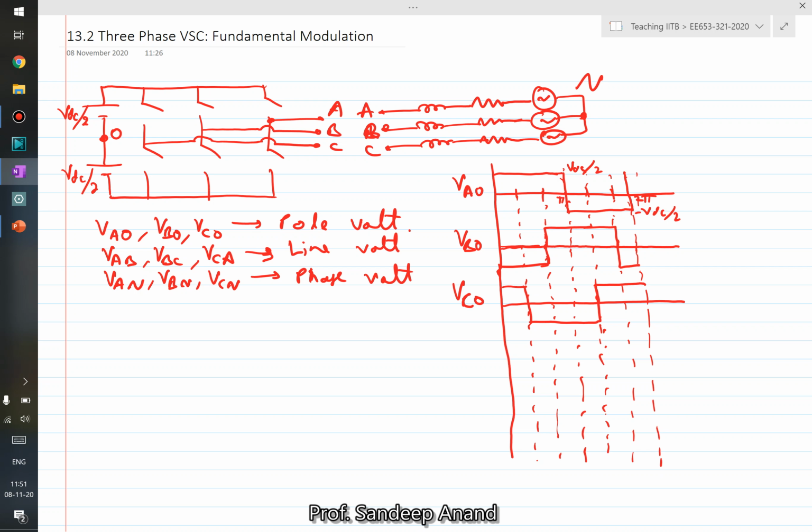Let us now draw the line voltage. Let's say VAB. How would VAB look like? VAB is going to be VAO minus VBO. So you can just do the subtraction and you can draw VAB. VAO minus VBO, it will be minus minus plus, so it will be VDC.